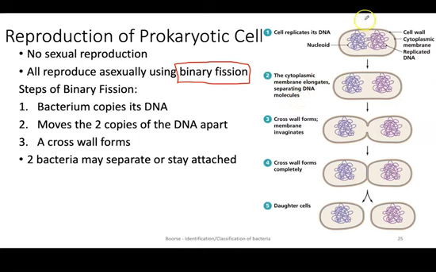You start with a single bacterium, and its genetic material, its DNA, its instruction manual, has to be copied. That's what we see here, the replicated DNA. That has to happen prior to binary fission or cell division.